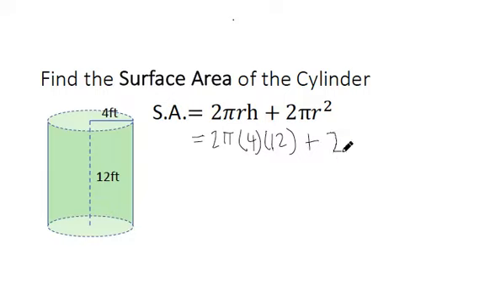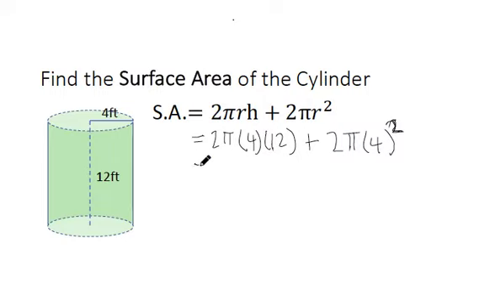To that, I'm going to add 2 pi. My radius is 4, and I want to square that. There we go. All right, so what can I simplify here? Well, I can multiply 2 times 4 times 12. And I can also take the square of the 4.